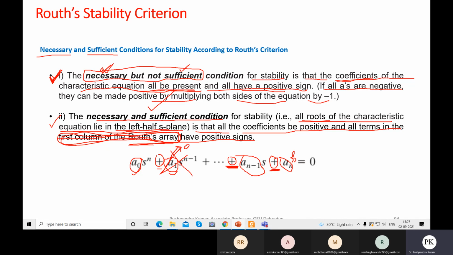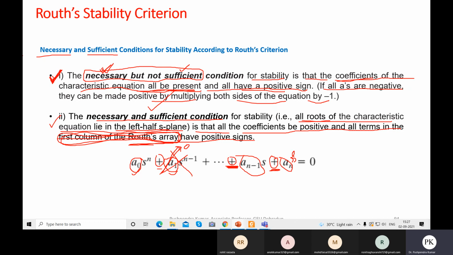But if your antigen test is negative, it is not necessary that you are negative. Then you have to go for RT-PCR. So the antigen test can confirm that you are positive, but it cannot confirm whether you are negative.